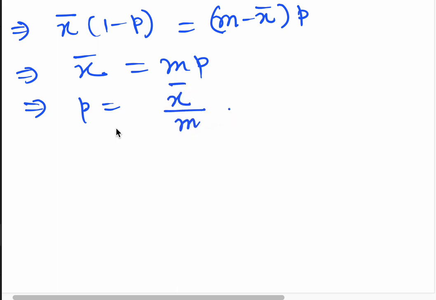Now another thing is that we know that the probability belongs to 0 to 0.5.